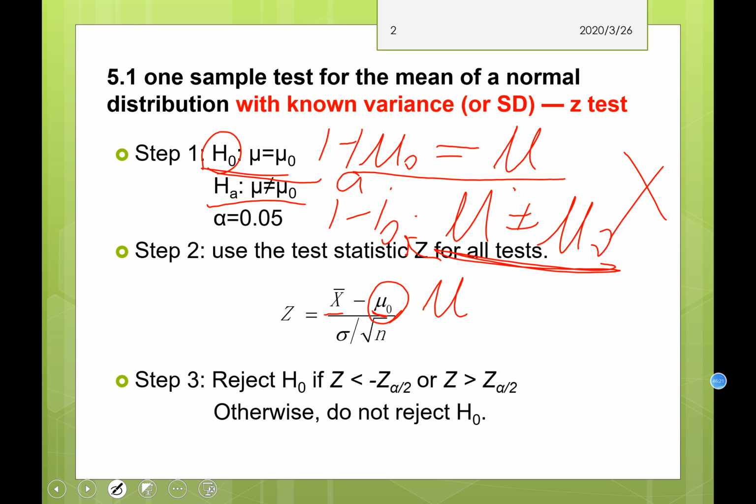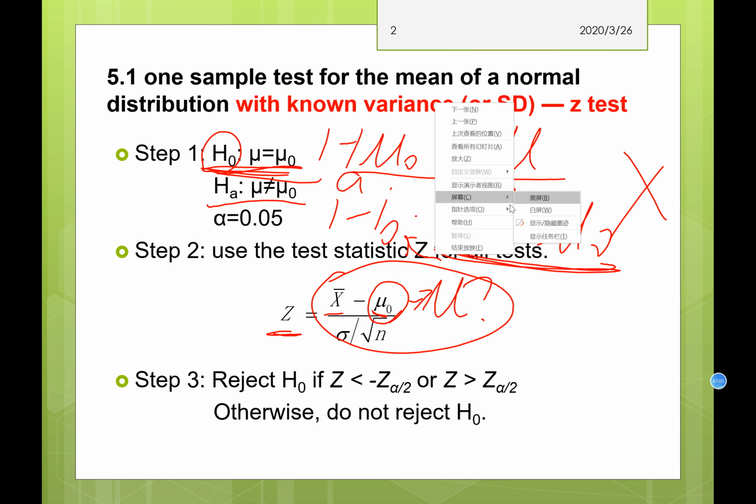So we cannot use mu 0 to represent mu here. So if this number is not given, we cannot figure out the z value. So here, please notice that we need to use equal as H0, not equal as HA. Both of these two statements cannot be changed. That's very special.